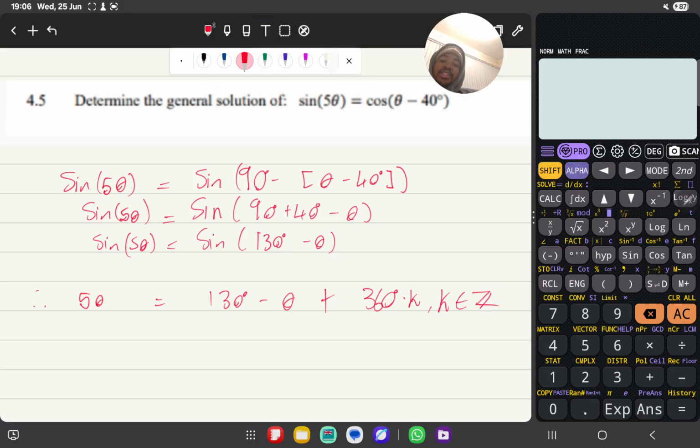Right, so this is just how you do it. It's just like when you have 2x equals 2, I don't know, y plus k, right? You just divide by 2 on both sides and you are left with x equals y over k.